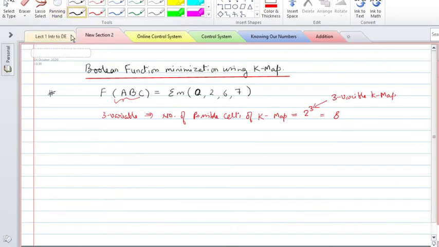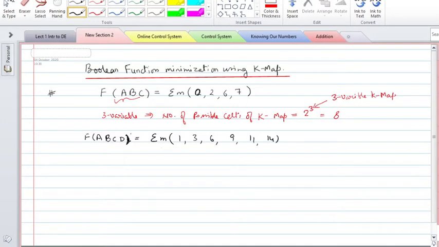Similarly, take another example. If a function f of a, b, c, d has 4 variables, and the function is given like this, summation m 1 3 6 9 11 and 14.